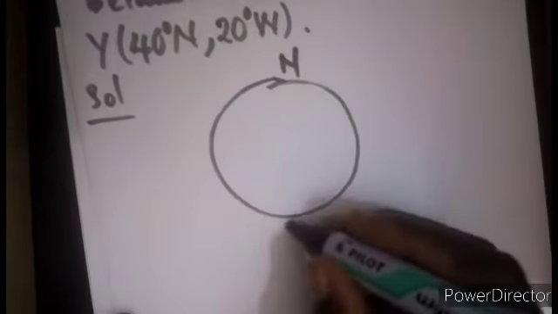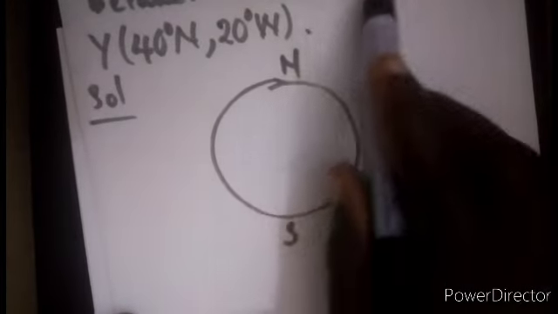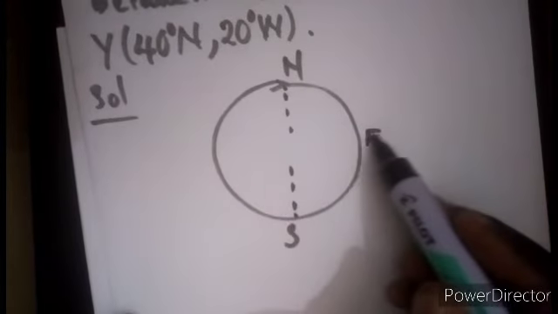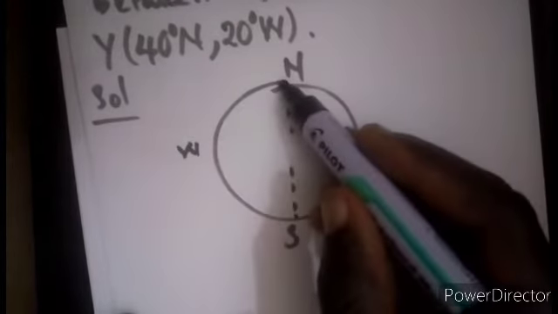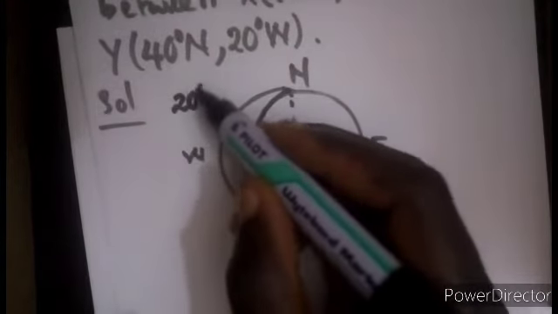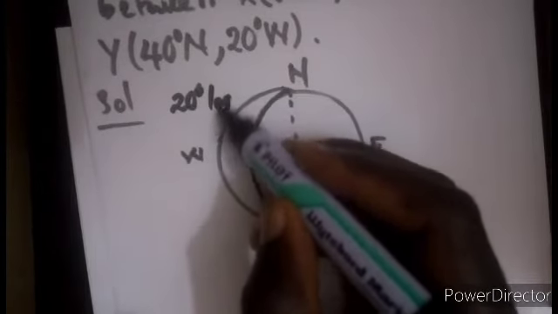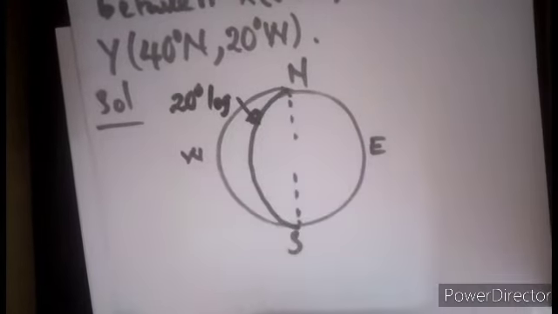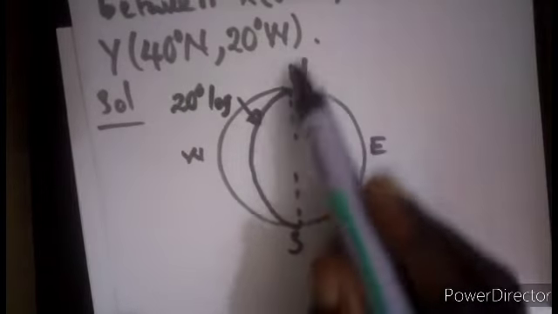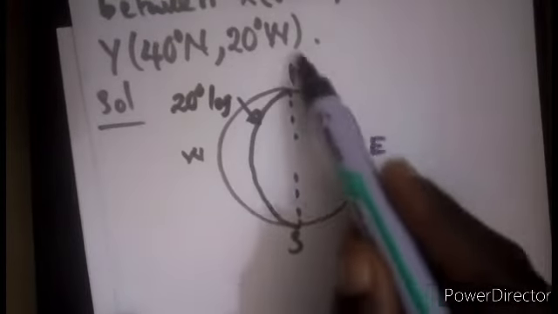You notice that for this particular problem, they are on the same longitude, west. Here is the east, here is the west, so they are all the same longitude, so we can assume this is 20 degrees longitude west. And we are told that the 2 points are both on the northern hemisphere.